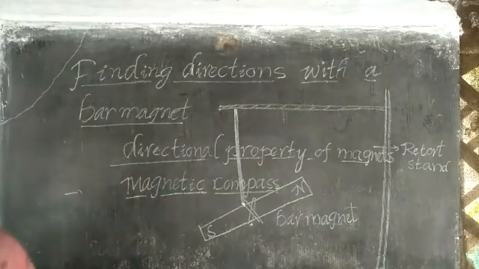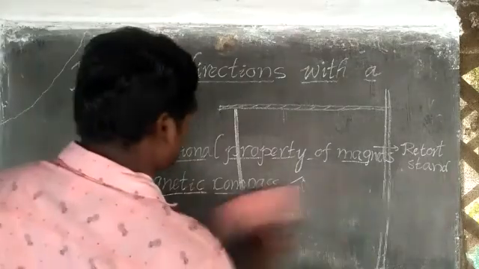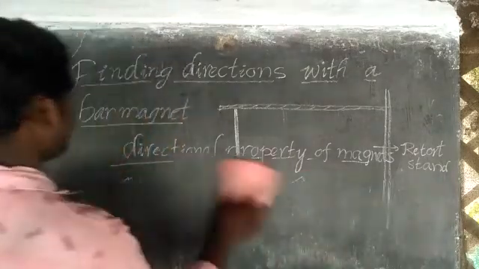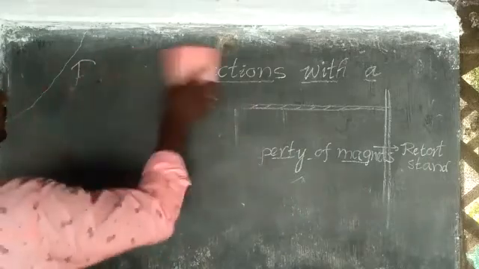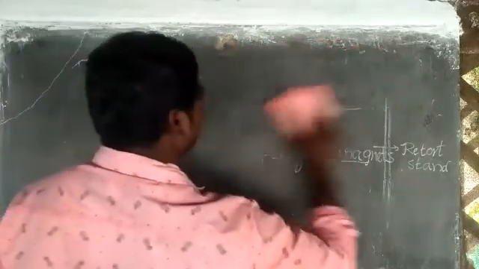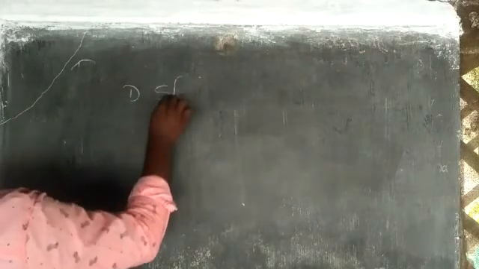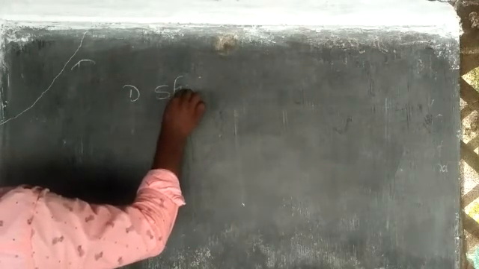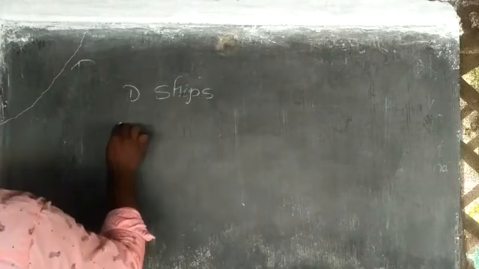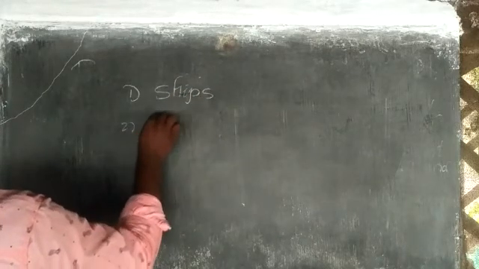Okay, students, what are the uses of a magnetic compass? First, the magnetic compass is used in ships. Next, it is used in airplanes.